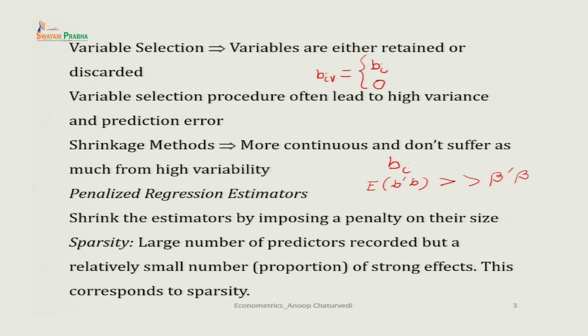It means you have taken observations on a large number of predictors, but all the predictors are not affecting the variation in y. All the predictors are not properly explaining y. Only a relatively small proportion of predictors have a strong effect on y.